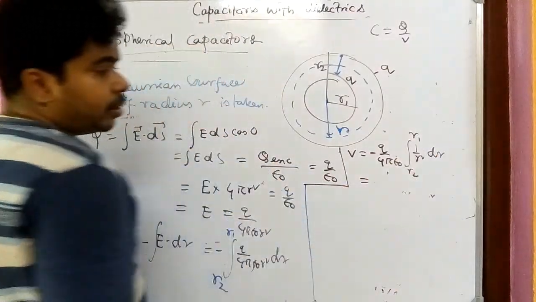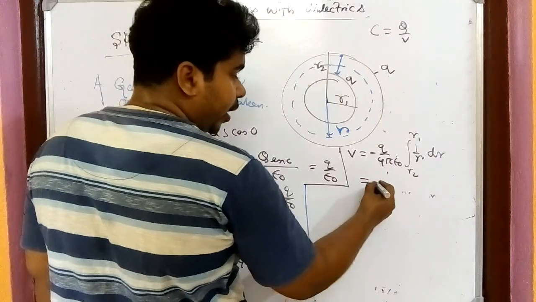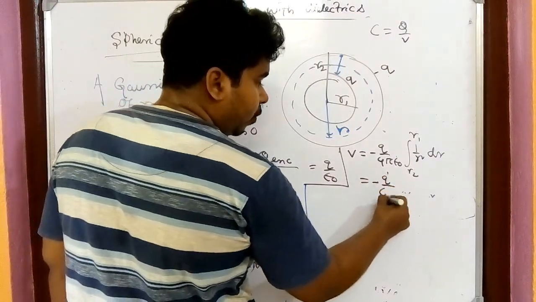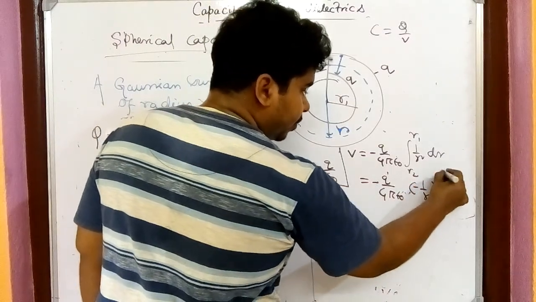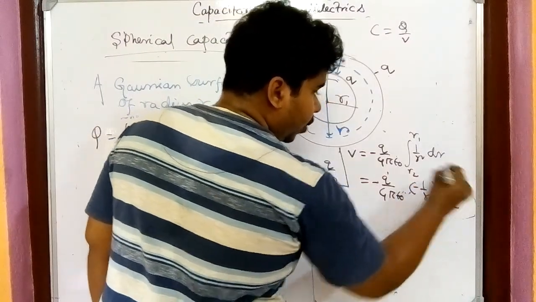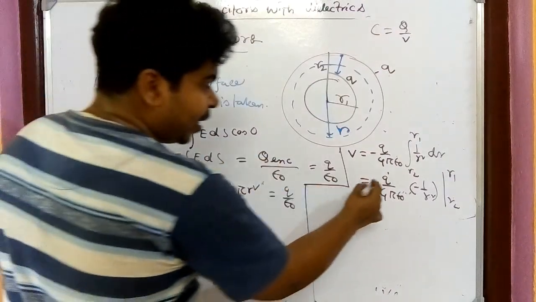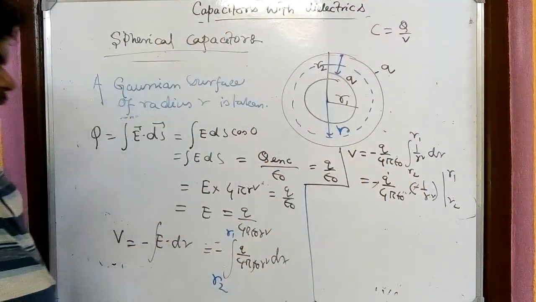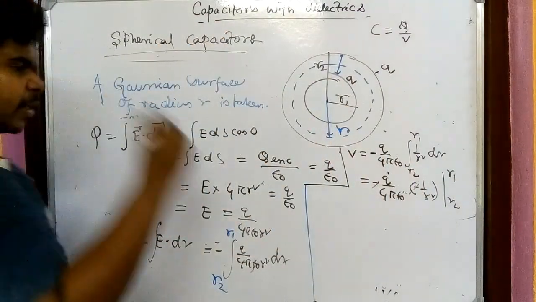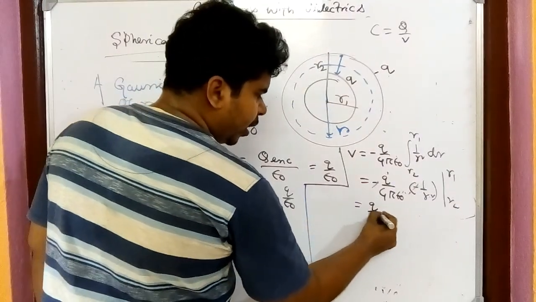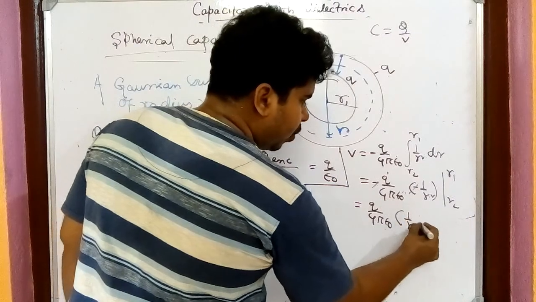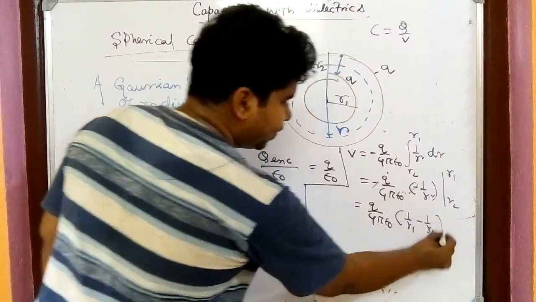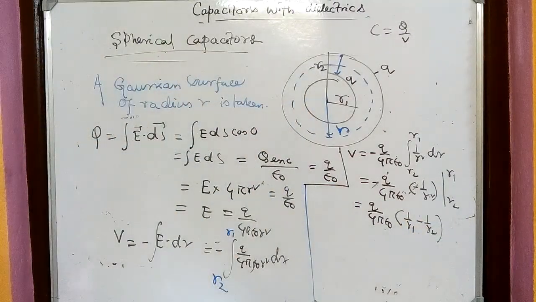The integration of 1 by r square is minus 1 by r, so minus minus cancel out, and it comes q by 4 pi epsilon naught into 1 by R1 minus 1 by R2. That is your V.